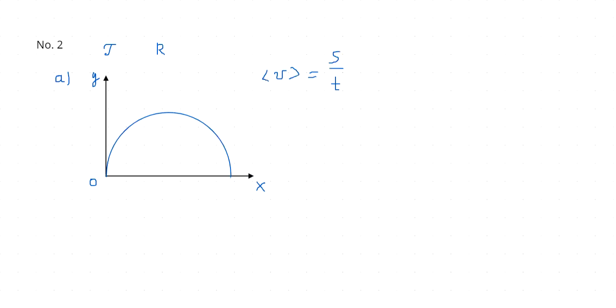What do we need to use instead of s, and instead of t? So we need to find these values.